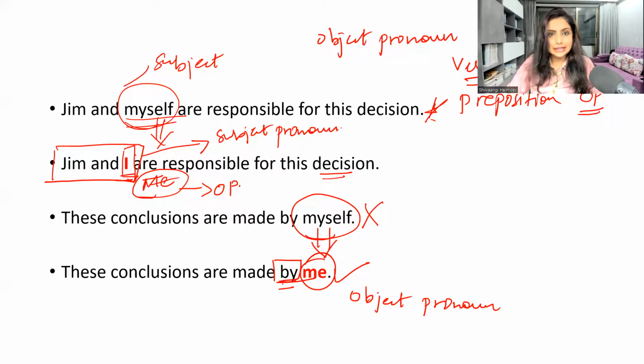You have a preposition, by, and then you have an object pronoun, me. Verb, so if I say she loves him, look at this. Loves is the verb and him is the object pronoun. So always remember, an object pronoun you cannot use as a subject of the sentence, but an object pronoun should be used only when it is an object of the verb or when it is an object of the preposition.